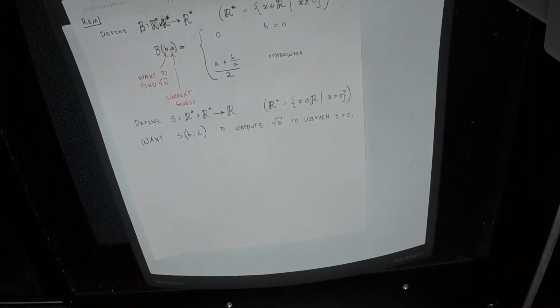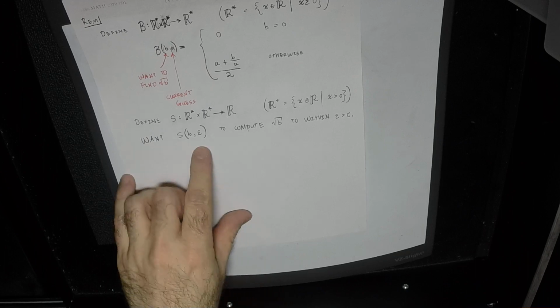So that is to say that you could say, well, I want to know the square root of this number to within, say, 0.01. I want to know when that's the case. You said within epsilon 0? Within epsilon greater than 0. So what I'm saying is you want to continue guessing until you're sure that you're within epsilon. Okay.